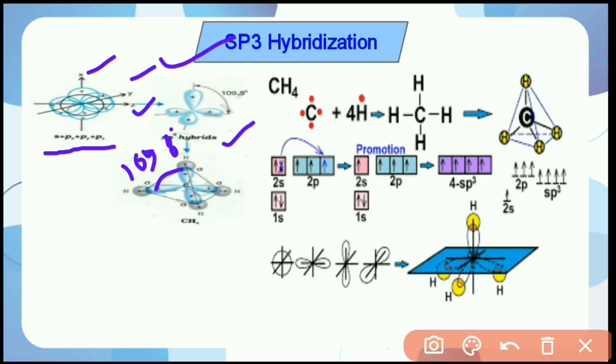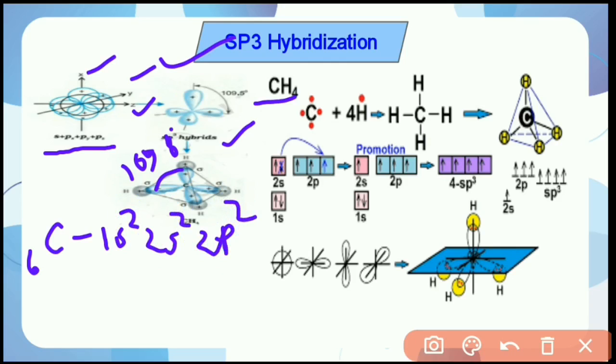For example, methane, CH4. Here the central atom is carbon. The atomic number of carbon is 6, and its electronic configuration is 1s2, 2s2, 2p2. So in the ground state the electrons are paired, and in hybridization we require half filled electrons in the orbitals.